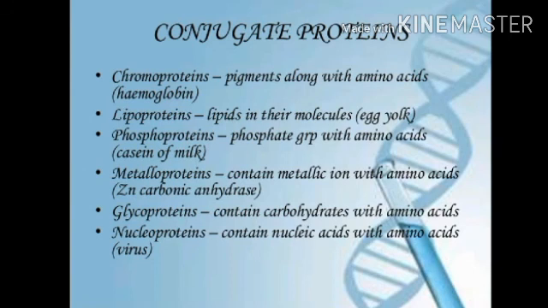Phosphoprotein: if a phosphate group is attached to the amino acid chain, it is called phosphoprotein. For example, casein in milk. Metalloprotein: if a polypeptide chain of amino acids contains a particular metallic ion, then it is called metalloprotein. Example, zinc attached to carbonic anhydrase enzyme.